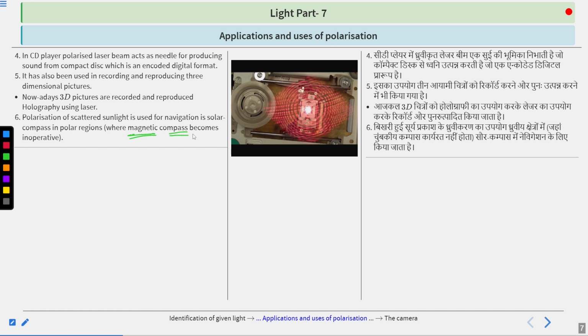If the magnetic compass is not in workable condition, what should we use in place of it? We use the solar compass to show the directions and the current position of the object or person with whom the compass is present. Here we use the polarization of scattered sunlight for this navigation purpose.